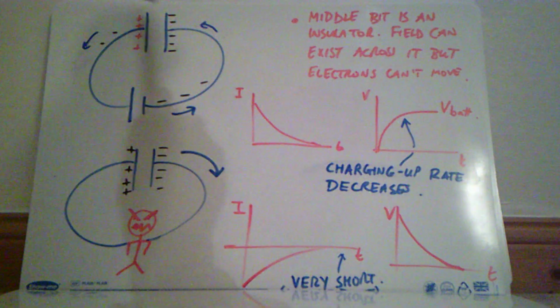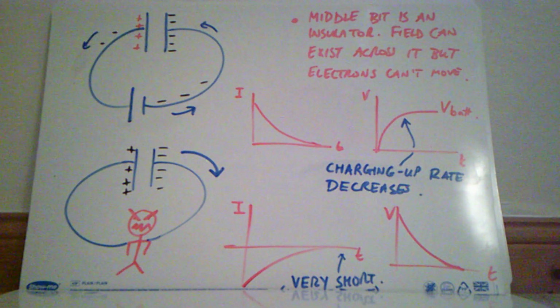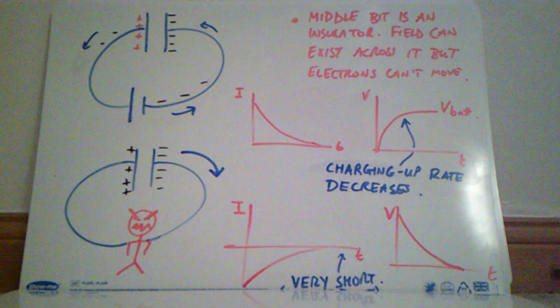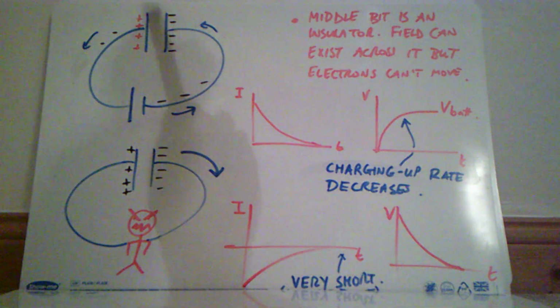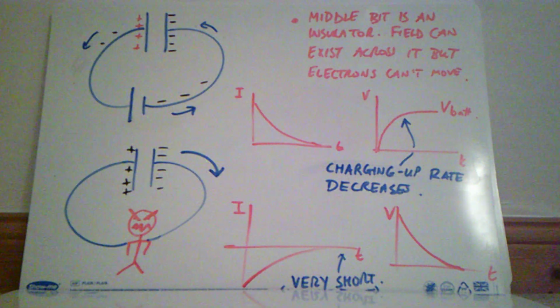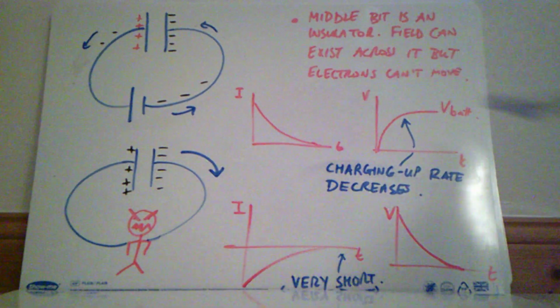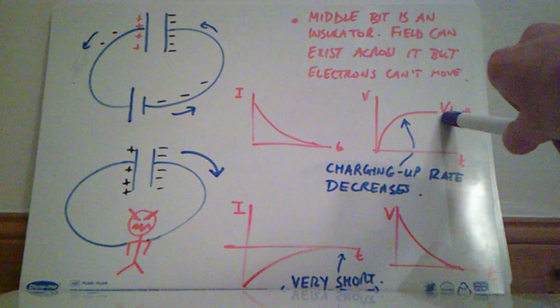An electric field can exist across it, but the electrons can't move across. So in the charging circuit, if the electrons are blocked, then the current drops down to zero, doesn't it? Because it's hit something it can't go through. So in the charging circuit, the current goes down like that. The charging voltage goes up like that.